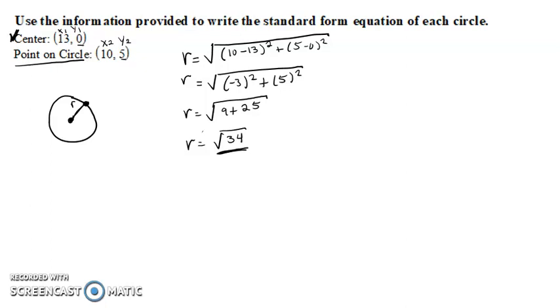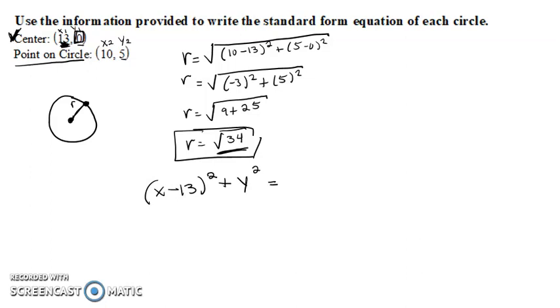And so now I've got my radius, I've got my center, and now I just do the same exact process as I did before. So I've got x minus 13, see up here I got 13, so x minus 13 squared plus, well, our k is 0. So instead of writing y minus 0 quantity squared, we can just write y squared.